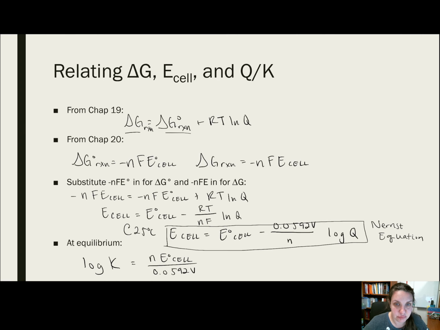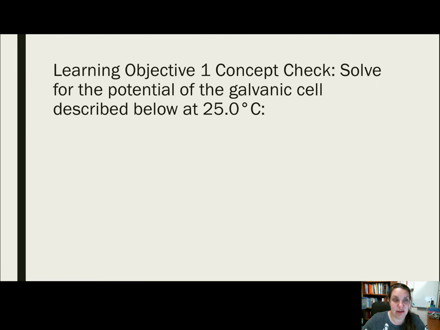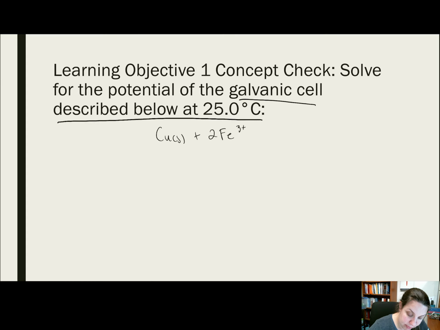Okay. So, let's use that and solve for the following problem. So, we want to solve for the potential of a galvanic cell. At 25 degrees Celsius, the galvanic cell is copper solid plus 2 iron 3 plus goes to Cu2 plus plus 2 Fe2 plus aqueous.